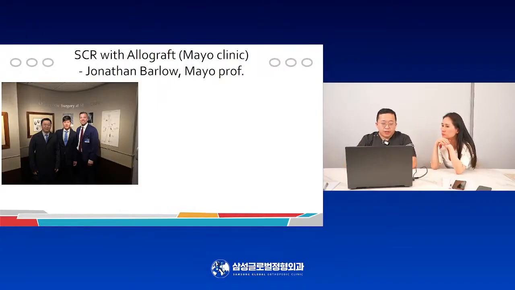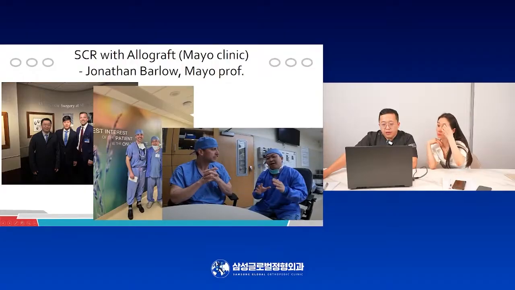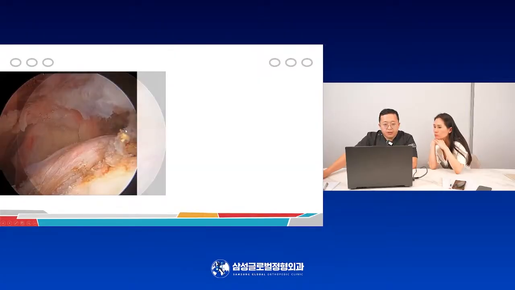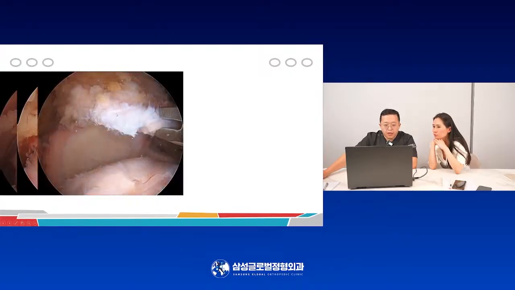But when I visited the Mayo Clinic, when I was with the general team, he also agreed with that SCR technique with the allograft. We talked about massive tear repair, because this is a main issue of shoulder problems, especially rotator cuff tendon tear.